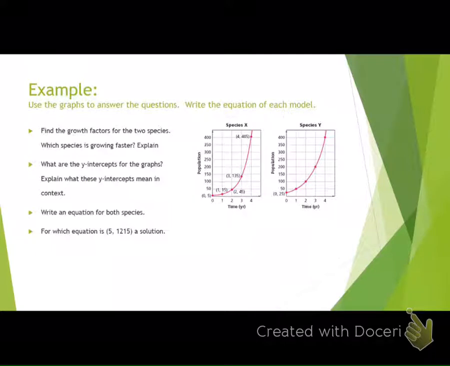Okay, so use the graphs to answer the questions. Write the equation of each model. So, find the growth factors for the two species. So what is the growth factor here? If you make a table of values for both of them, sometimes that's the easiest thing to do, you can figure out the growth factor a little bit easier.